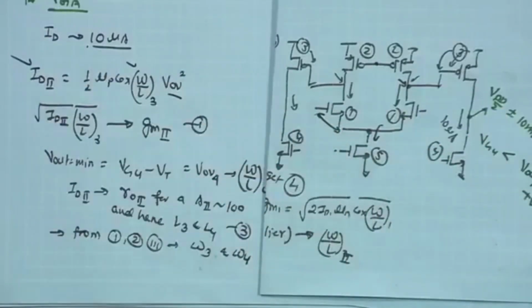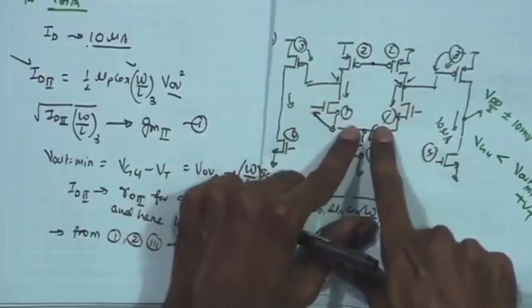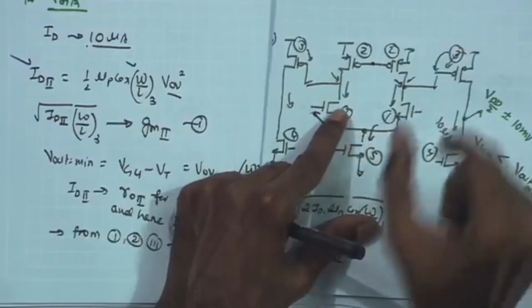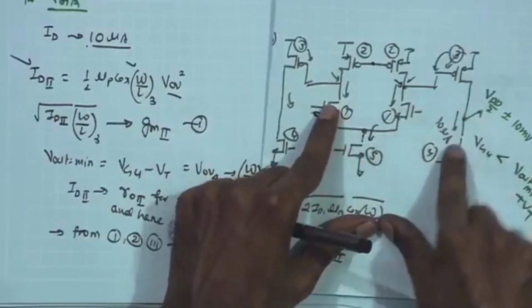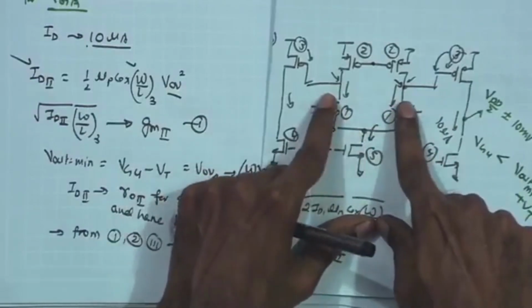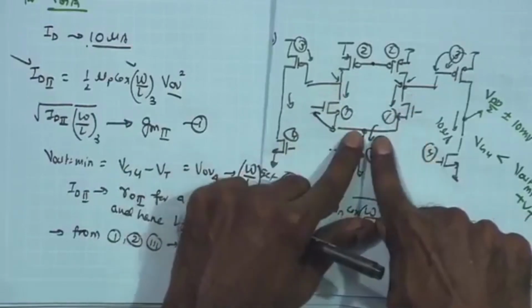You have the W by L determining the GM1 and hence the gain of the input stage, because now we have relatively larger bias current available. I have reduced the bias current in the second stage, therefore I can use a slightly larger fraction of the total bias current here: rather than 2.5, I can use 3 or 3.5 microampere.